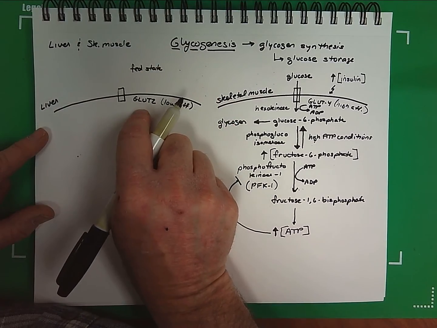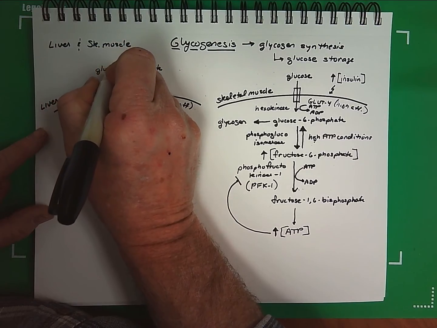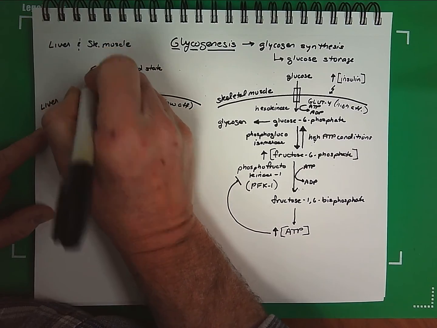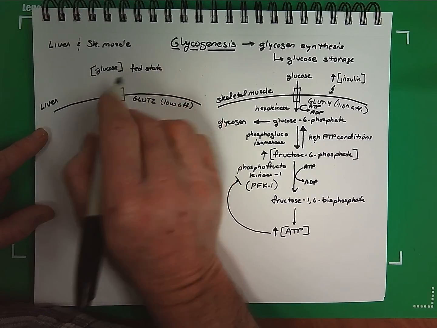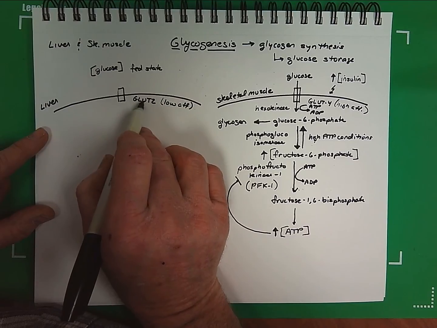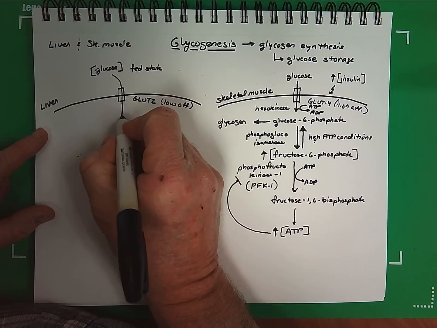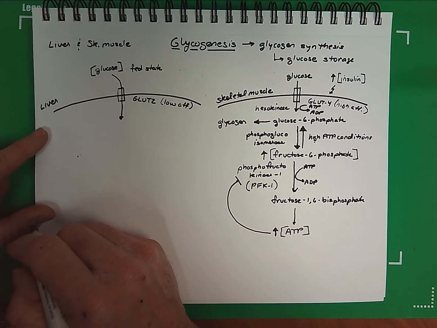It doesn't have to be, because what we are looking for is a high level of glucose concentration in the blood due to being in a fed state. And now we've surpassed the Km of the GLUT2 transporter, and so under these conditions, glucose is taken inside the liver cell.